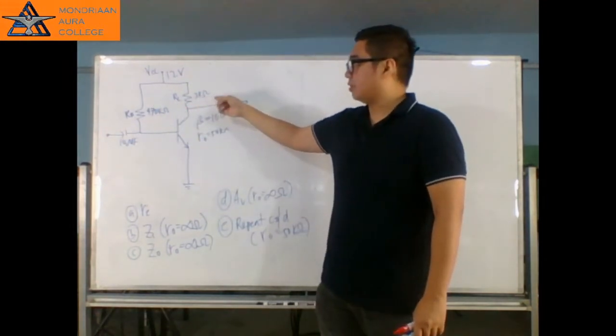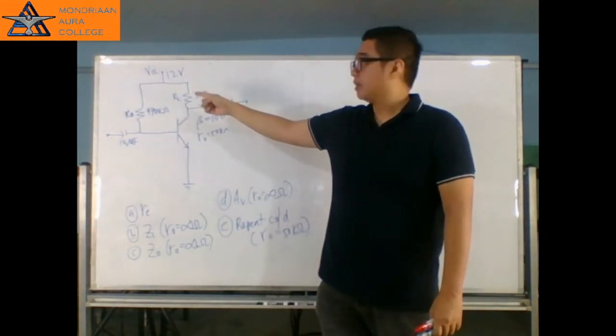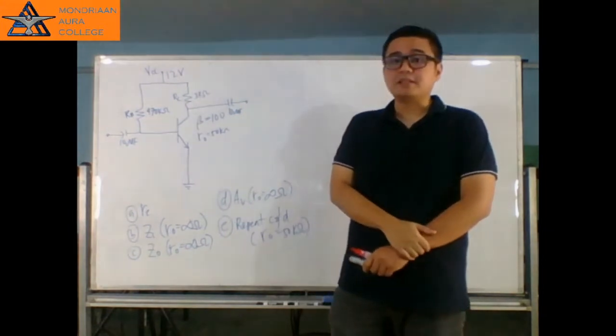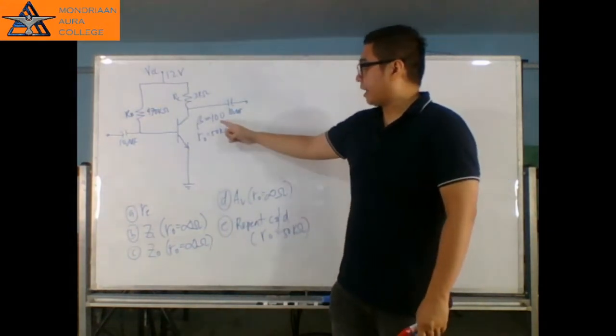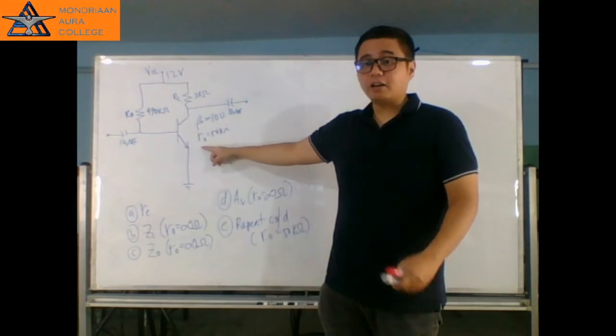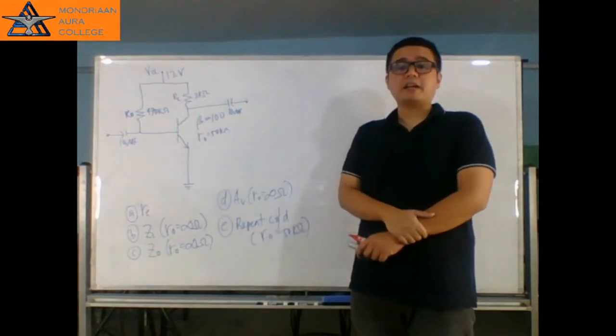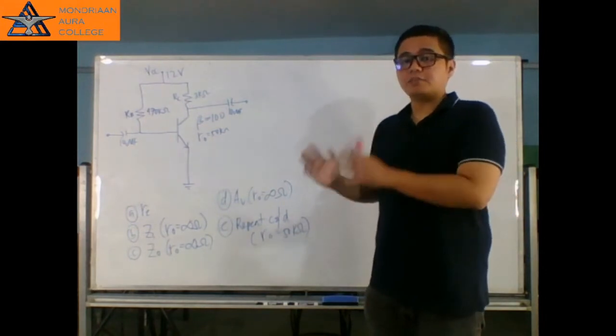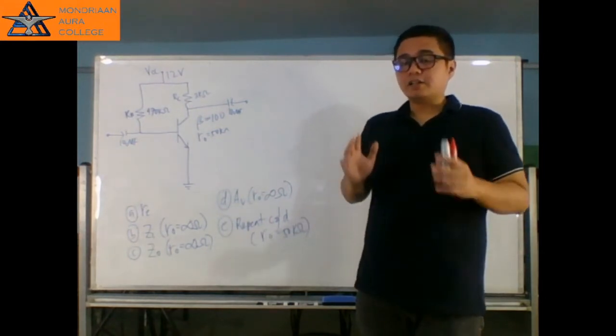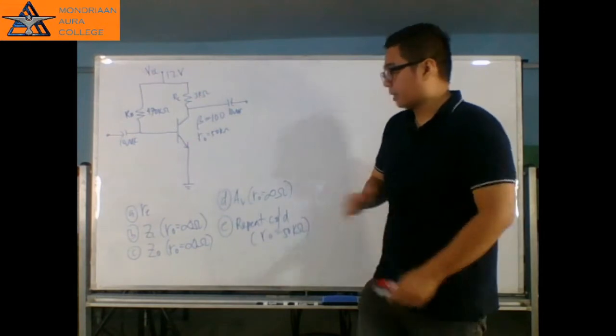We have 3 kilo ohms for RC. We have 12 volts VCC. We have a beta of 100 and an output resistance of 50 kilo ohms. So, ano kaya magiging effect, kapag isasama natin 50 kilo ohms na yon sa ating R sub E model? Ito yung mga pinapasolve sa atin.